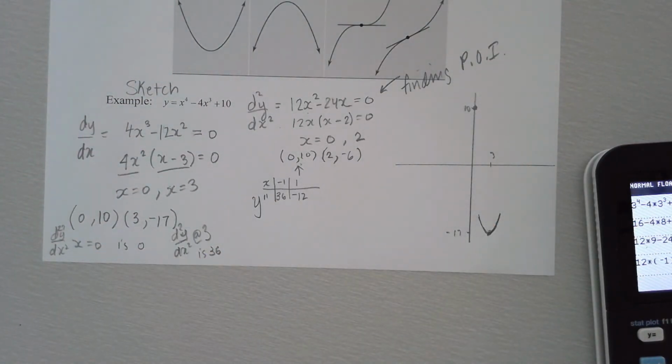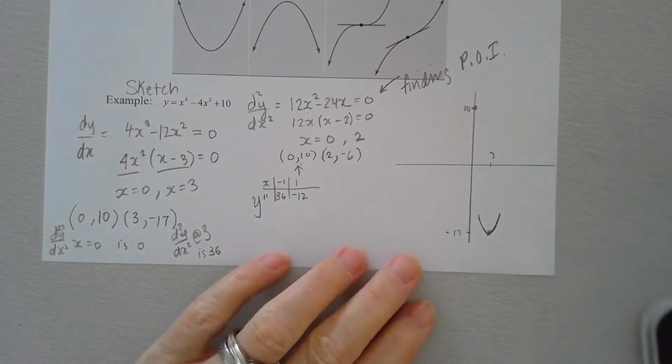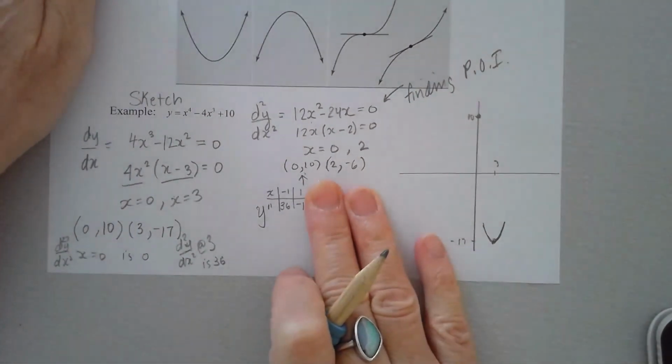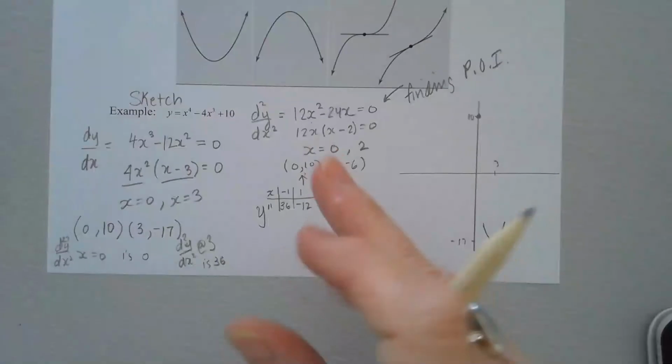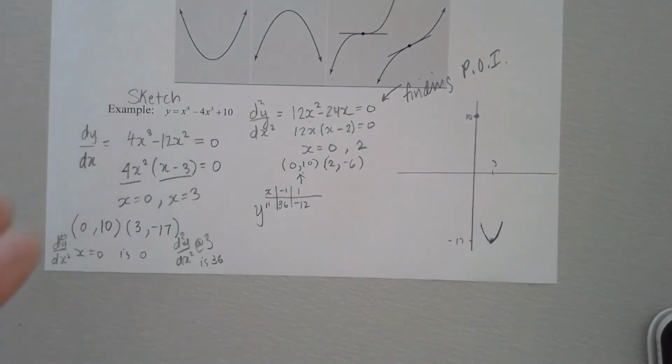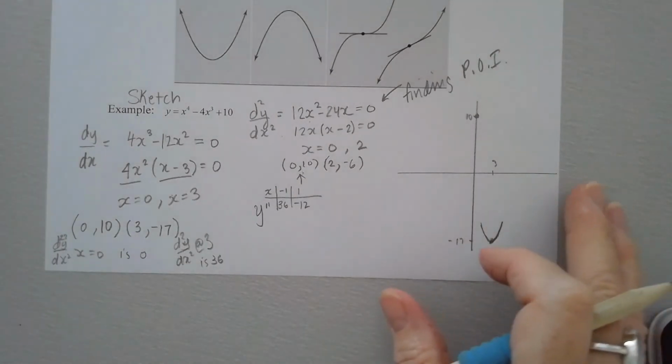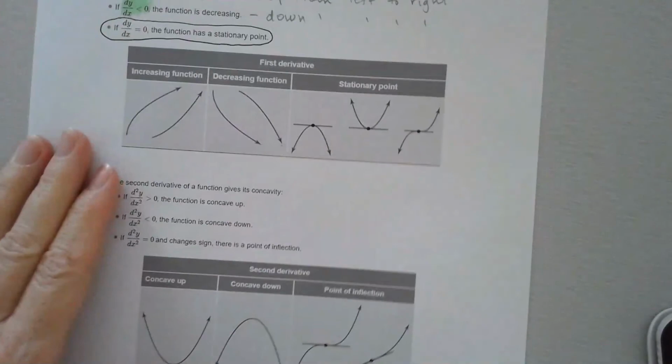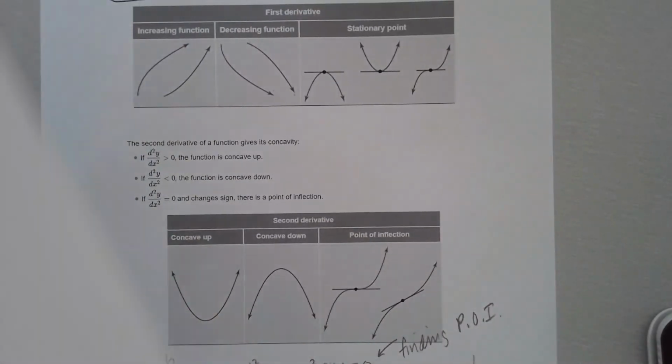Okay, so I know the derivative was 0 there, and I know it changed sign on either side. So let's go to our little gig here and say, hey, where is it? Where's my, I don't have my sheet of paper.